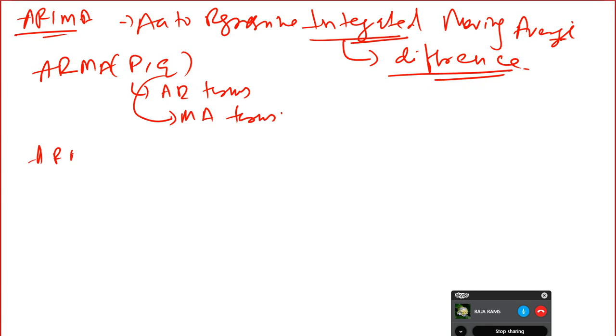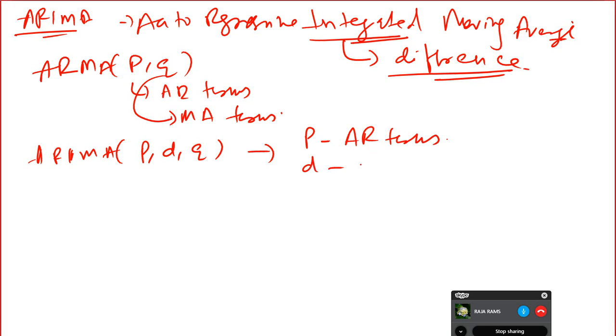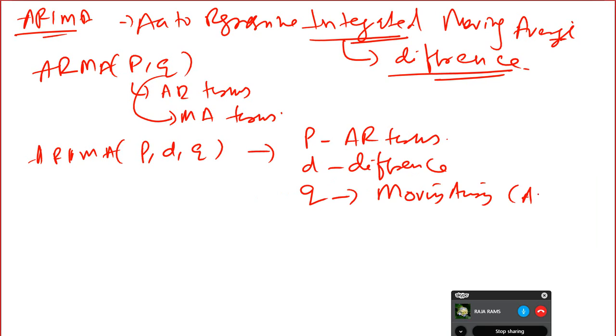Here it's P, D, Q. P is the AR terms, D is the number of differences, whether you have done first difference, second difference, third difference, or whatever, and Q is the moving average terms.